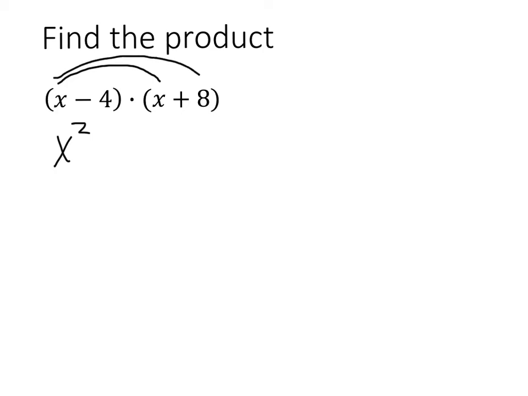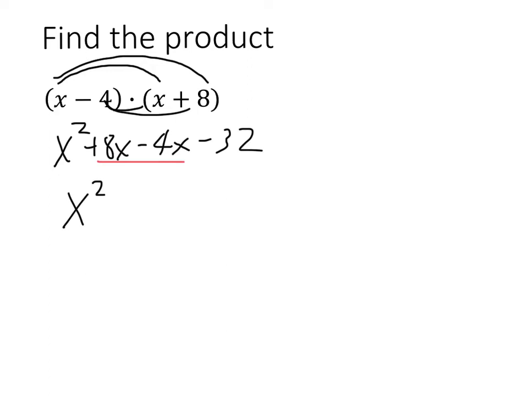So x times x, x times 8, negative 4 times x, and negative 4 times 8. So we end up with 4 terms, but 2 of them are like terms, and we can always combine like terms. So the final simplified answer is this right here: x squared plus 4x minus 32.